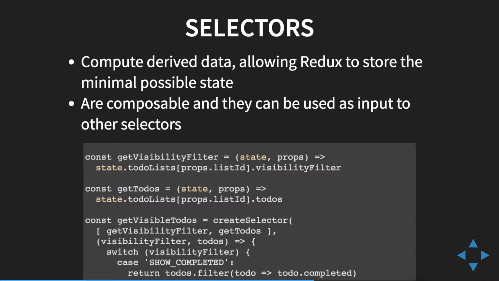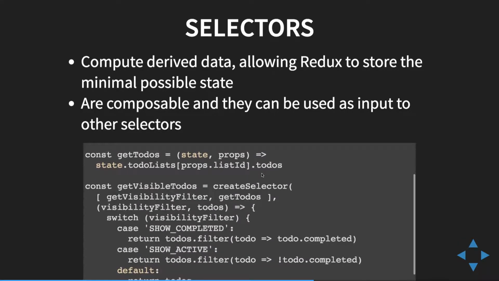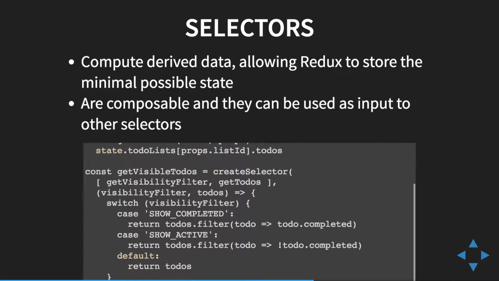So as an example, if you want to get the visibility filter, and then you have the state here, then you want to get, this is another one to just get the list of to-dos.